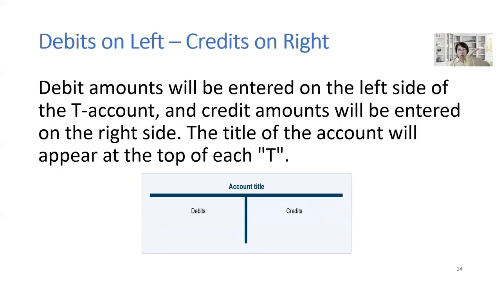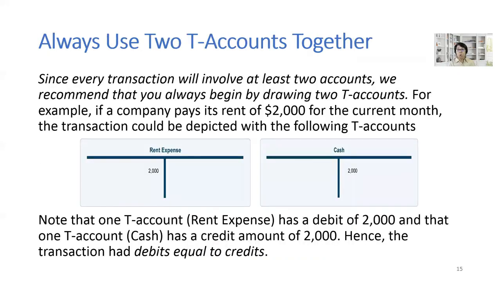If you debited it by 1,000 and you credited it by 1,000, that would be 0. There wouldn't be a purpose for making that entry, right? So you always have 2 accounts involved when you use T accounts. So you could see we're using rent expense and cash. Cash usually means a bank account. Could be a checking account, could be a savings account, but in accounting, they just refer to it as cash.